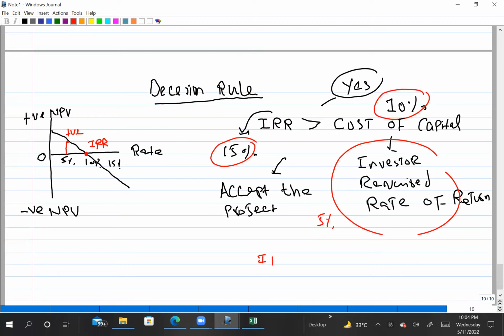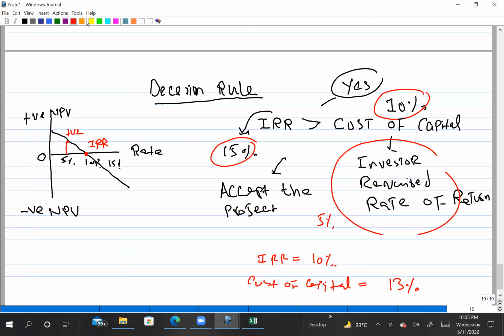On the other hand, for example, IRR is 10% and the cost of capital of the investors or company is 13%. That means the NPV will be 0 at 10%.